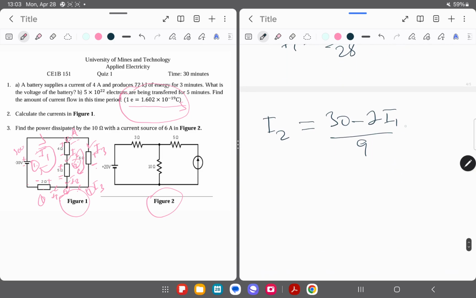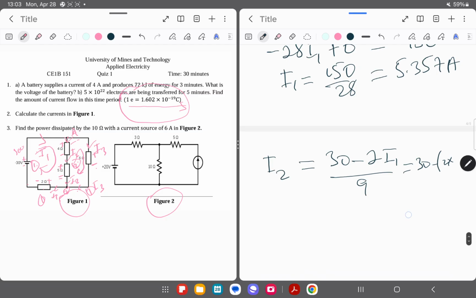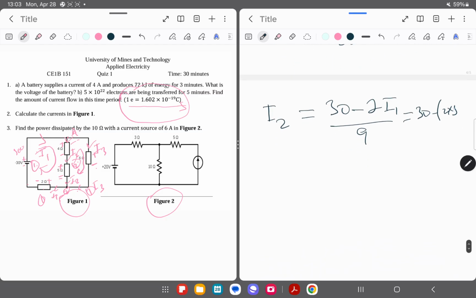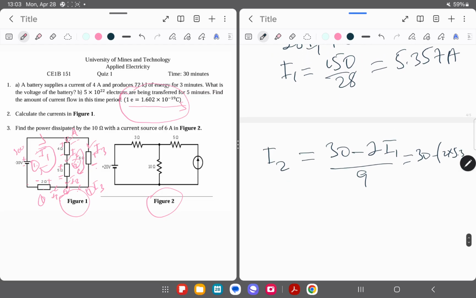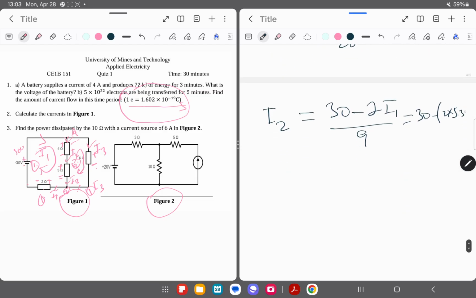So I have here 30 minus 2 times 5.357, divided by 9.